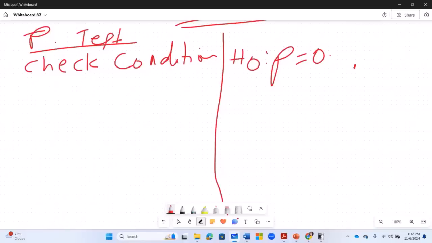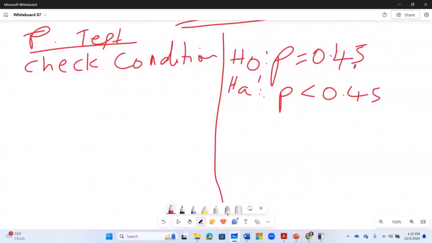So it is always going to be P equal to 0.45, and 0.45 is 45%. And then you state the alternative. The alternative is also given to us as less than, so P is less than 0.45.